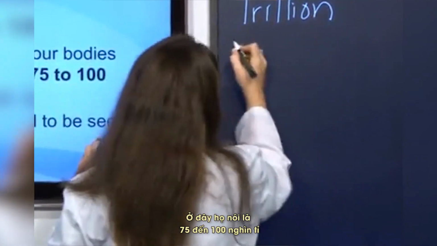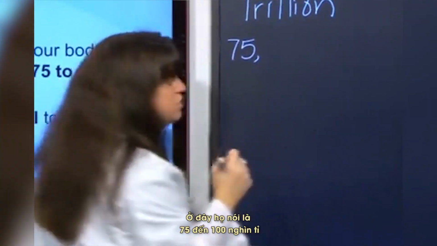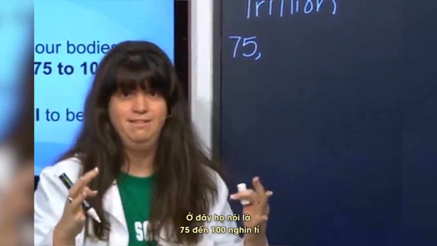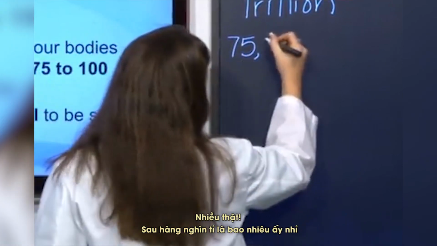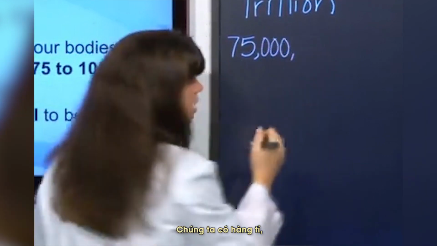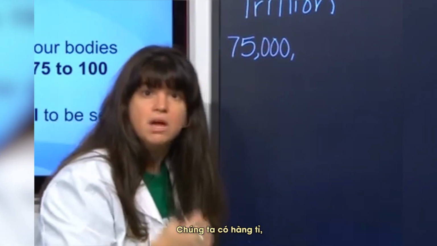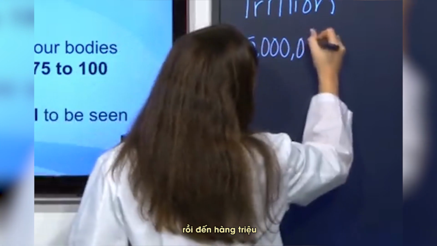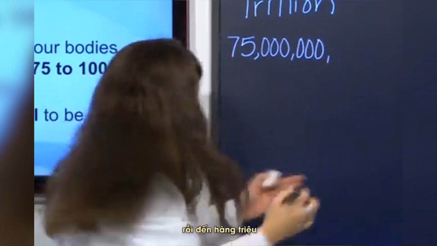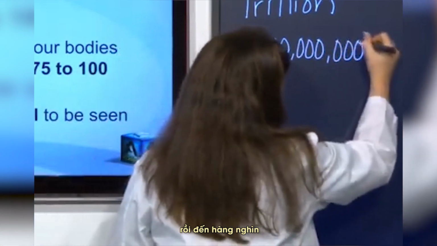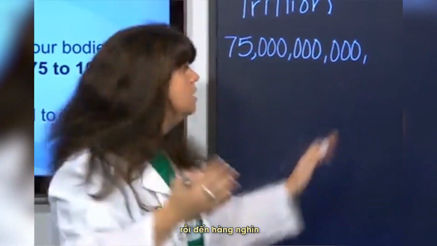They said here 75 to 100 trillion. Wowza. Trillion. What comes after trillion? Well, we have our billion. And then we go to our million. Wowza. Then we go into our 1,000.